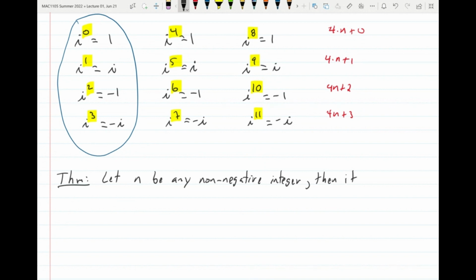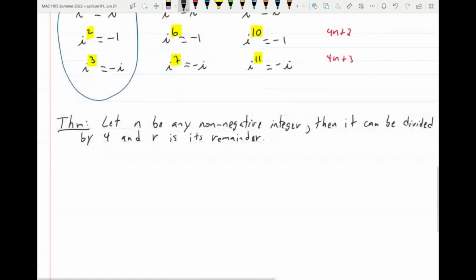Then n can be divided by 4, and r is its remainder. Now this number r is either a 0, a 1, a 2, or a 3. Do you understand this? Yes? Okay, and r is the remainder.